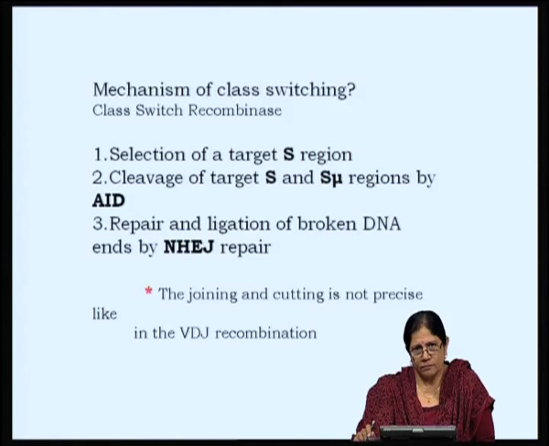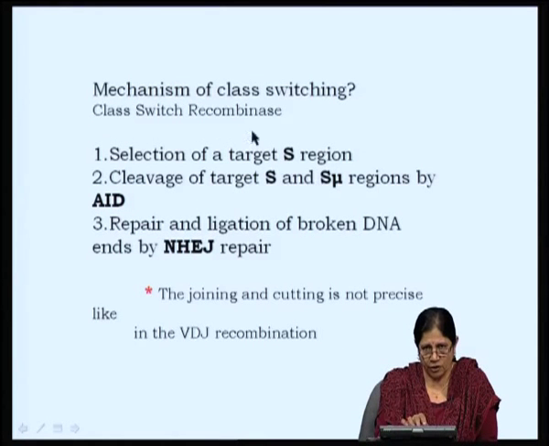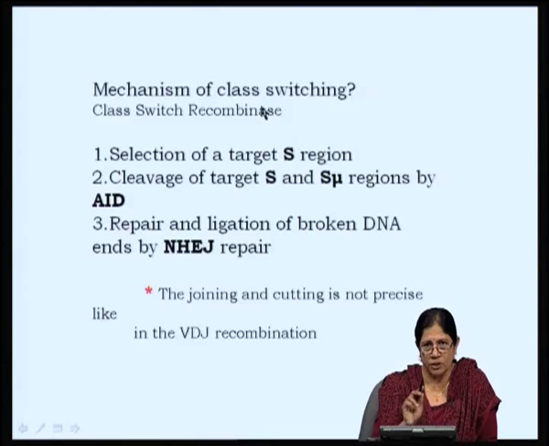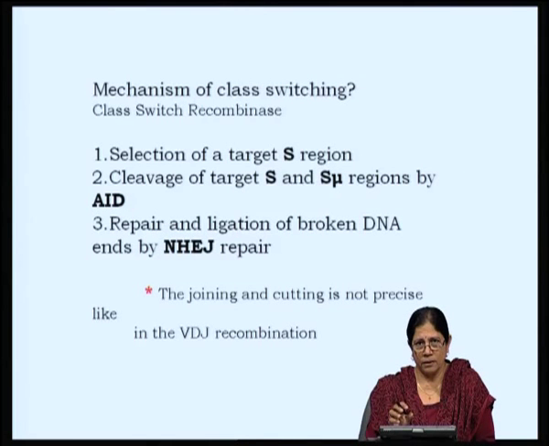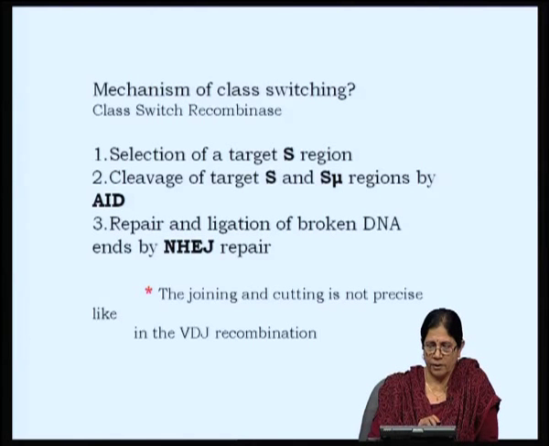Mechanism of class switching. Class switching happens by a very well organized class switch recombinase machinery. Now, recombination might ring a bell. We have been talking about RAG1 and RAG2. That is also a part of the recombination machinery. Though VDJ recombination and class switch recombination are similar, there are distinct proteins and enzymes which are required for both these events to take place.